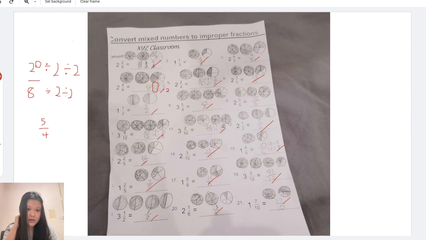That means instead of 20, you did 20 divide by 2 divide by 2, then you get your answer and write it down. And in your workings, you put 2 multiply by how many times you divided it by 2. Once you have written all of this down, you double check it by checking what is 20 divided by 4 and then what is 8 divided by 4. From there you can see whether your answer is correct or not. Do you understand?